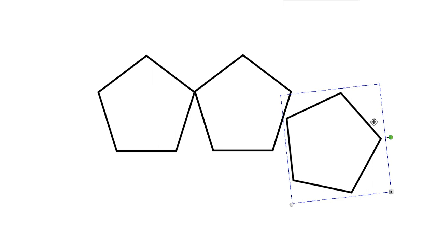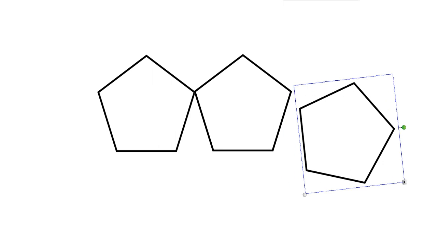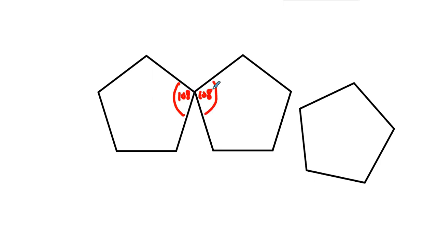because I think I can explain: we know what this angle is and what this angle is. This is 108, this is 108, which leaves 216 from 360. That leaves 144 degrees for up here and down there.